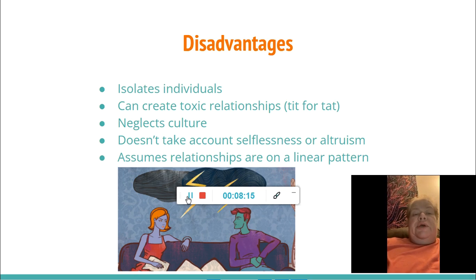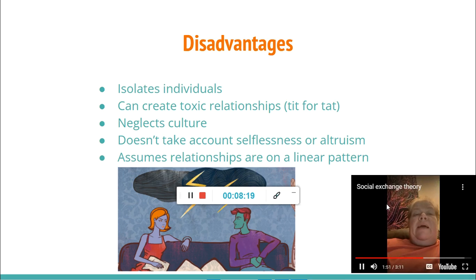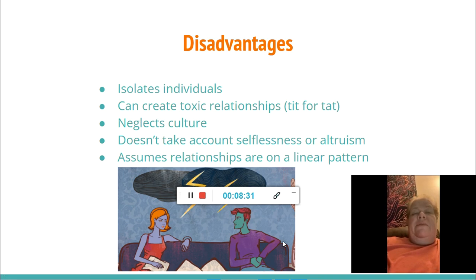Social exchange theory also assumes that relationships are on a linear path. The truth is, relationships progress at all different rates. Lastly, social exchange theory believes people behave in a specific way to build trust and intimacy, which only really encompasses romantic relationships.